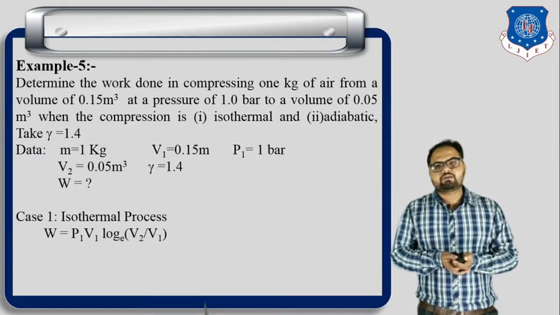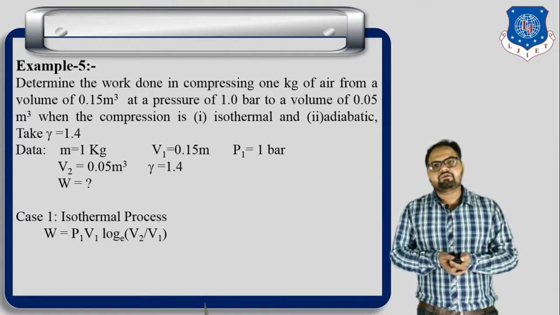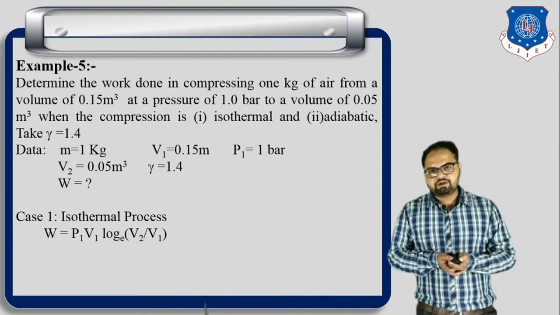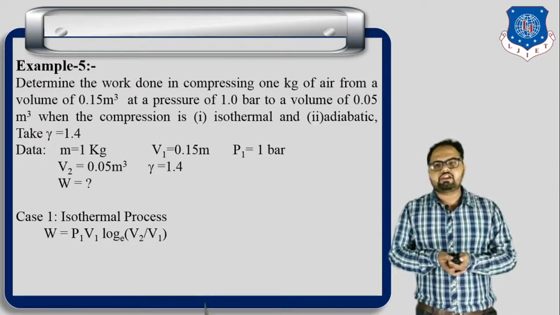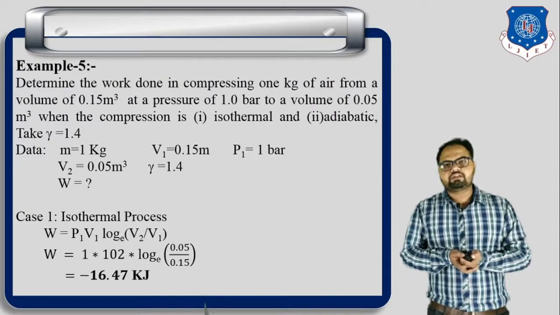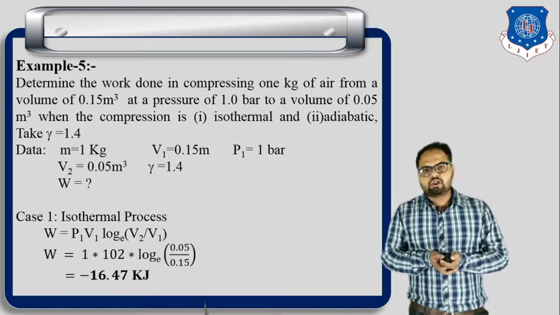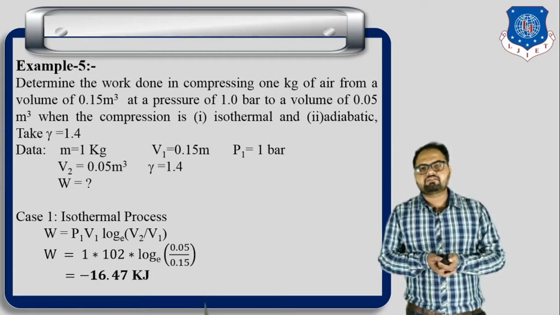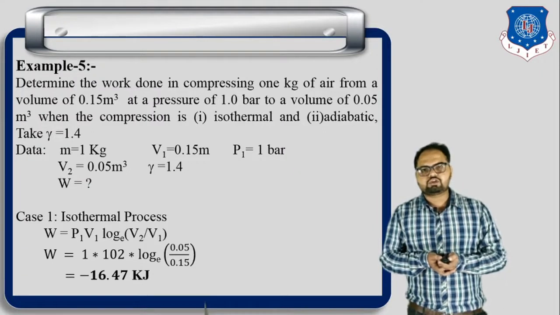First of all, work done W is equal to P1 V1 log V2 by V1 base e. We have the values of P1, V1, V2 and V1, so simply by putting all the values in this equation we can easily get the work done during the isothermal process. So P1 is 1 bar, into 10 raised to 2, volume V1 that is 0.15, V2 that is 0.05 and V1 that is 0.15.